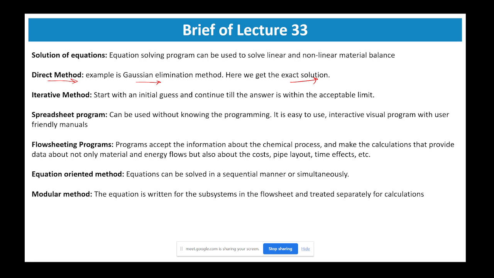So Gaussian elimination you can apply when you have n equations for n unknowns. So this is nothing but the direct method.